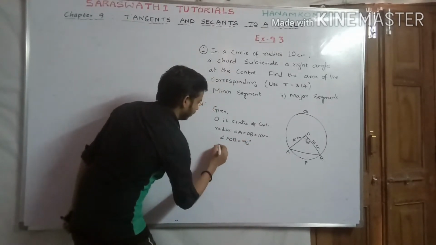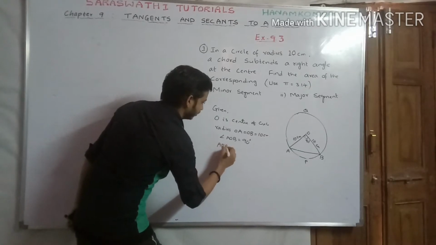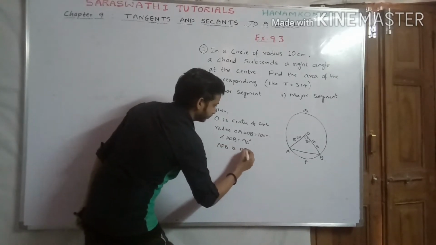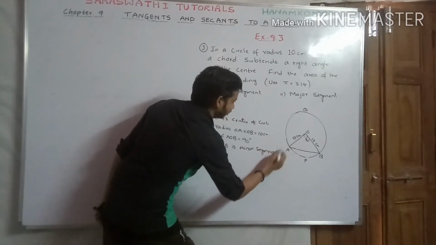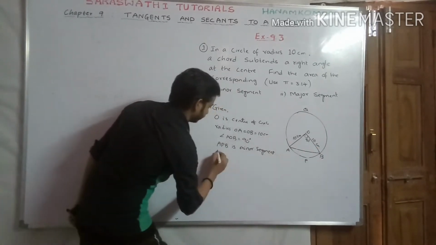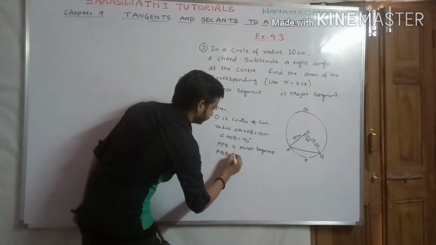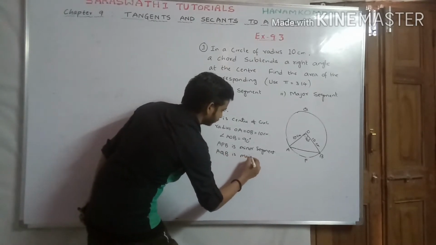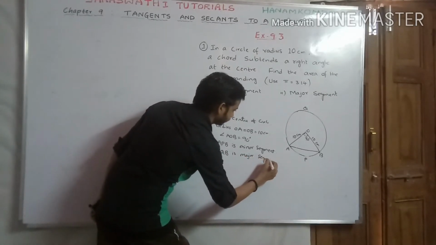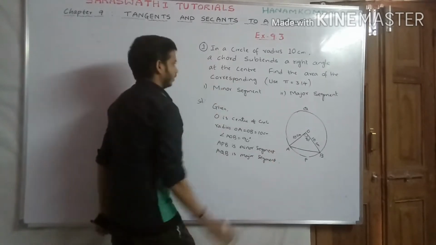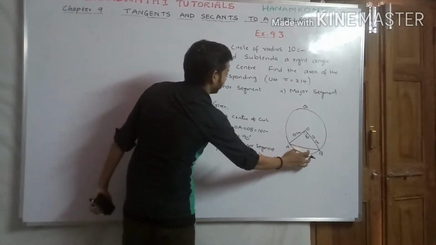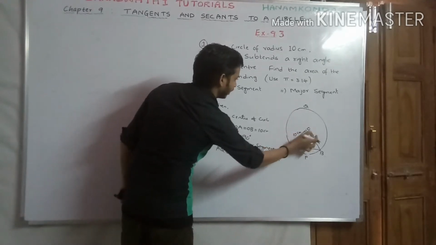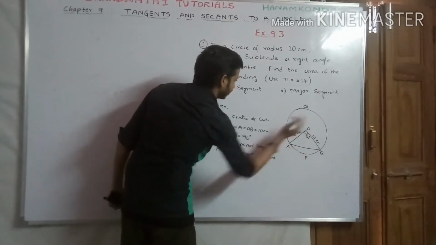APB is the minor segment and AQB is the major segment. From the figure, to find the area of the minor segment, we have to subtract the area of the triangle from the area of this sector.